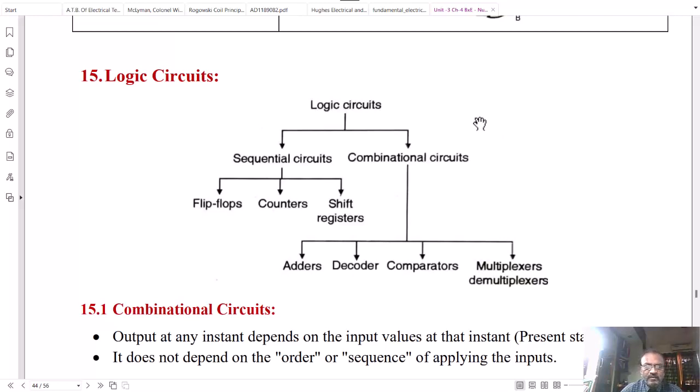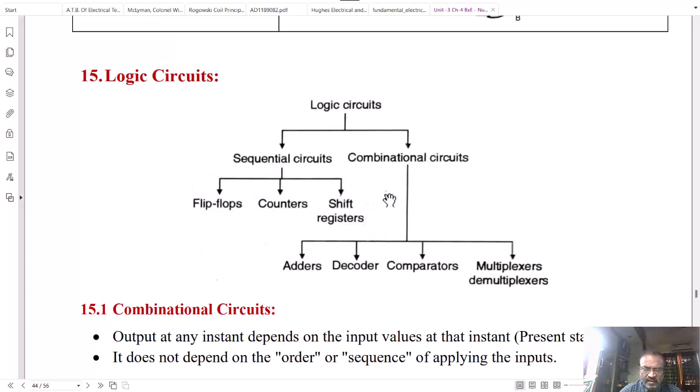Today we will continue our discussion of logic gates and logic circuits. The logic circuits are broadly divided into two groups, sequential circuits and combinational circuits. The sequential circuits are flip-flops, counters, and shift registers.